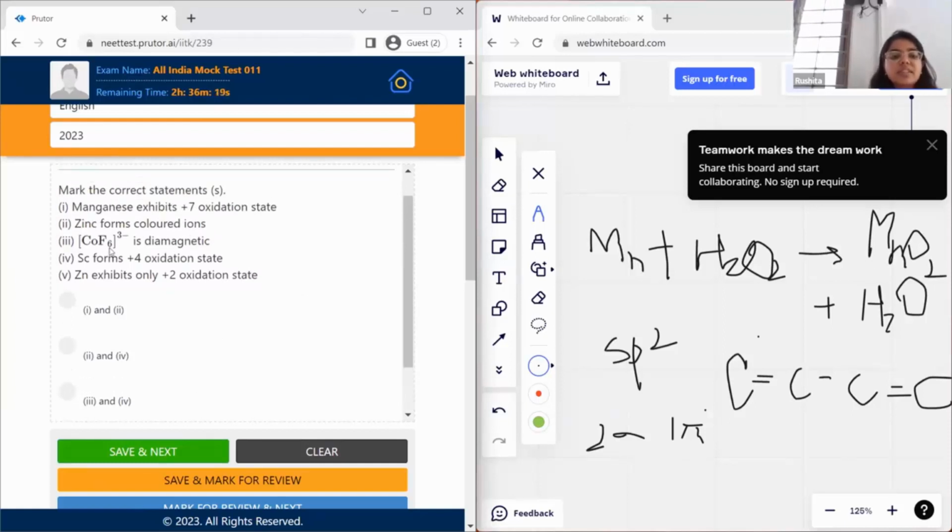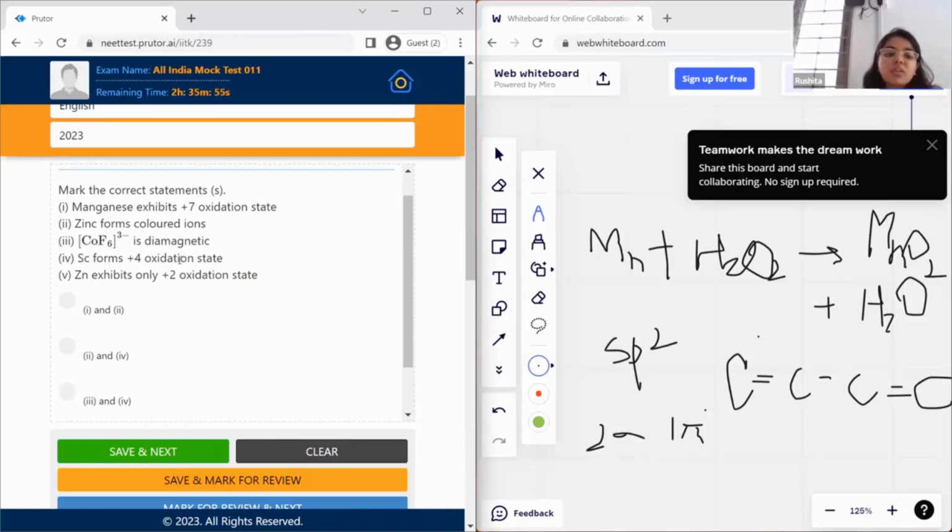So CoF6 3- is diamagnetic. Again, you need to fill out the electrons in the various shells according to the rule, 1s2, 2s2. The whole rule is there. So if you fill it out, you will understand that no, it is a paramagnetic structure. It would have unpaired electrons in it. So it would be paramagnetic.